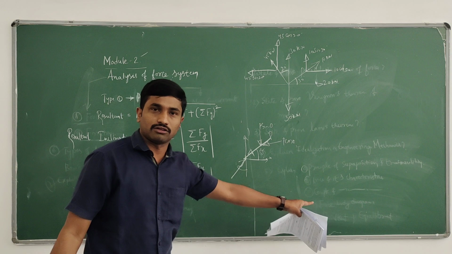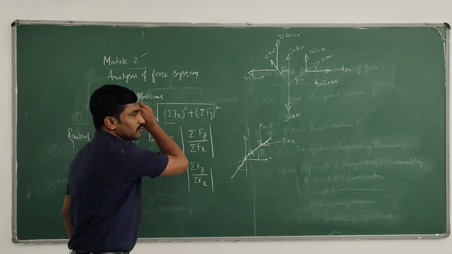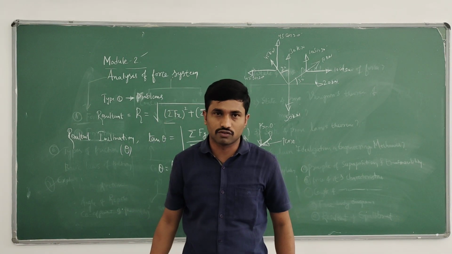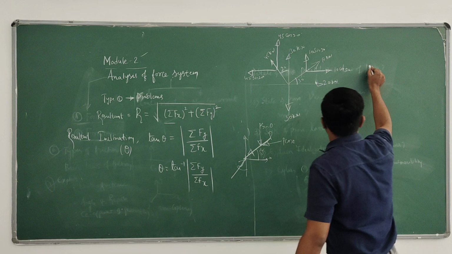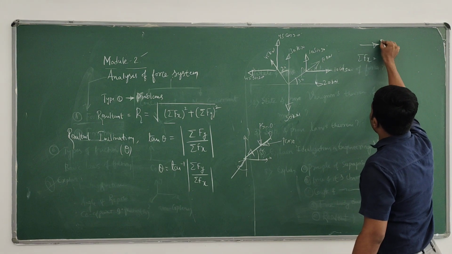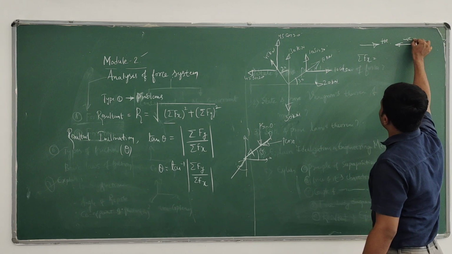This is a very, very important thing. After the resolution, apply sigma Fx. Sigma Fx is the summation of all horizontal forces. For sign convention of horizontal forces, right side acting forces are positive, left side acting forces are negative.